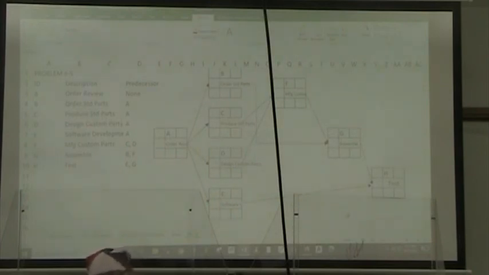Now, what is the problem with this? We can't do our forward pass, backward pass situation from this because we have no times. I mean, I could just put in a bunch of times, but let's go on to a different problem.